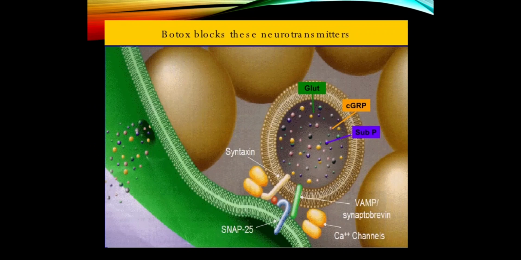It turns out, here we have CGRP and substance P, and these neurotransmitters are released at neurovascular junctions, so trigeminal nerve vascular connections, by the same mechanism, the SNARE proteins.